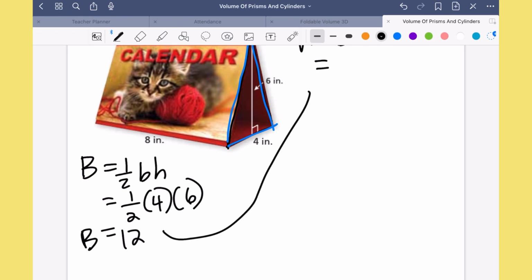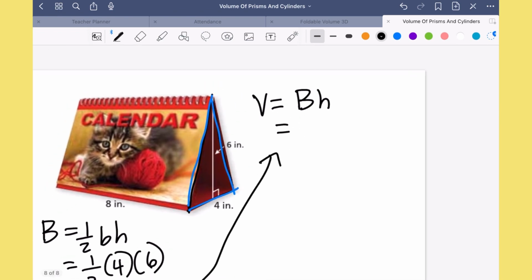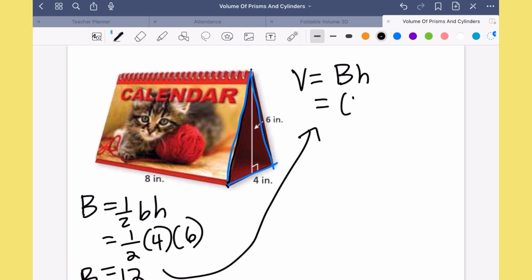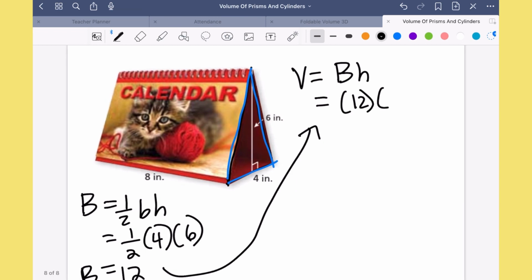We bring that back to the volume formula. Your big B is 12. The height of this prism, so the height from one base to the next base over here, is 8. So volume equals 12 times 8, which is 96 inches cubed.